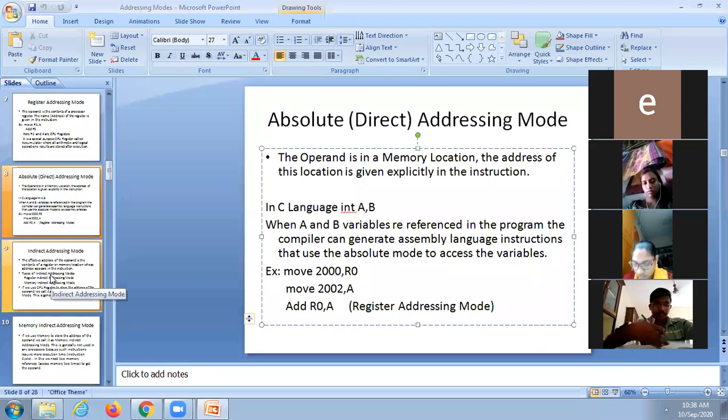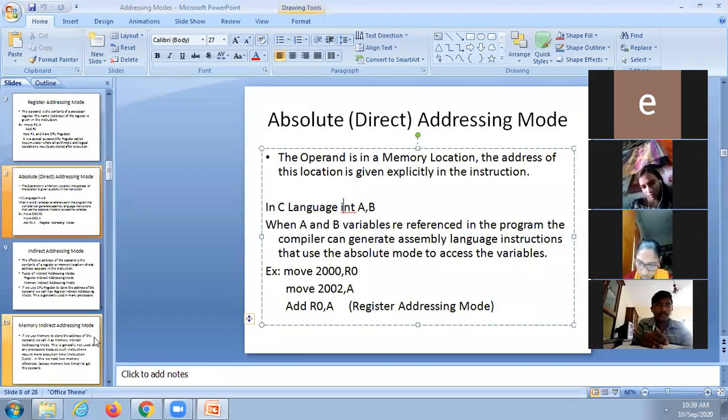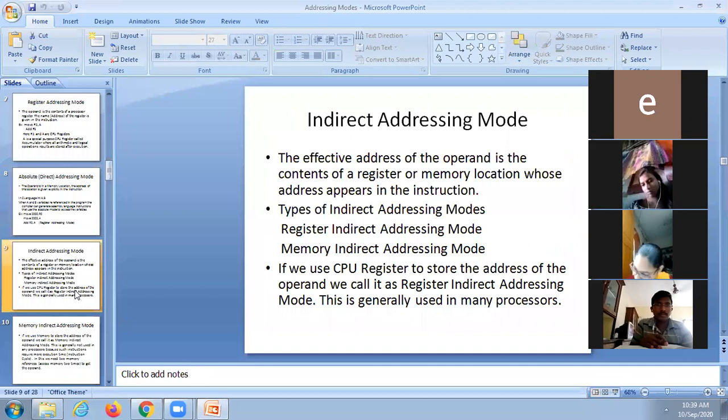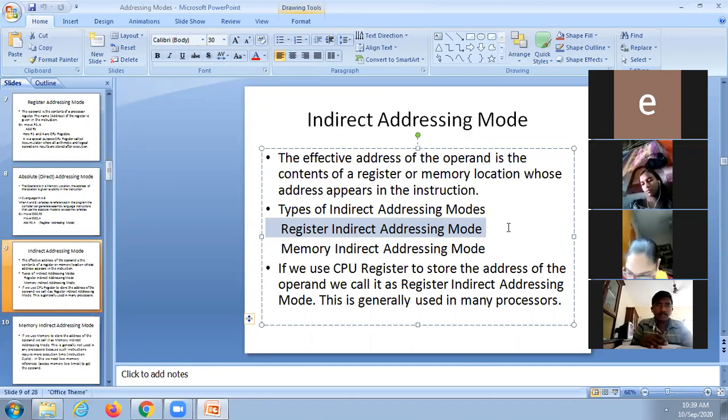By default, without mentioning register or memory, if it is simply given as indirect addressing mode, it means that it is register indirect addressing mode. All of you remember this.